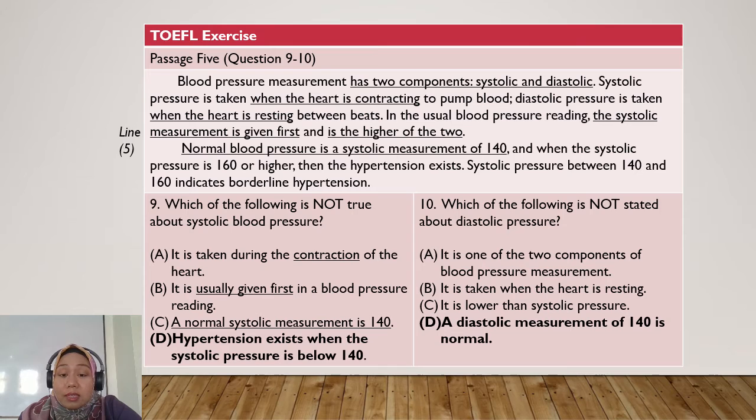Normal blood pressure is a systolic measurement of 140. The systolic measurement is given first and is the higher of the two, meaning that the diastolic one is the lower one. Good. So the answer is D, a systolic measurement. That's how you answer an unstated detail question.